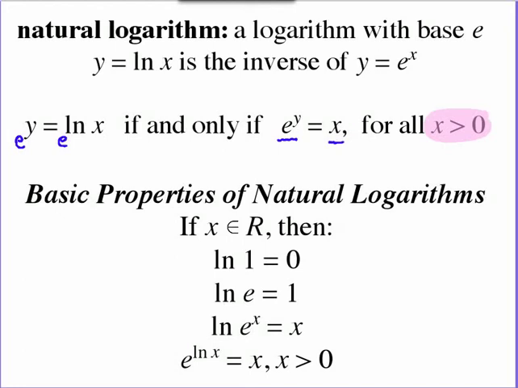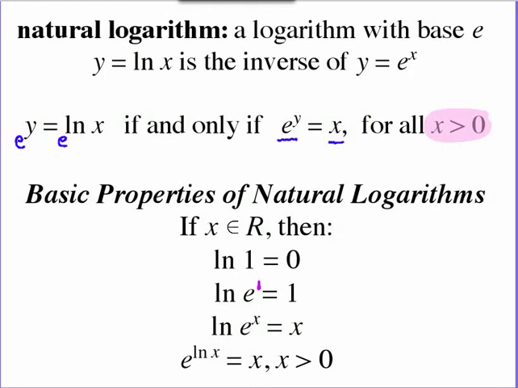So we have some basic properties of natural logarithms. First of all, if x is an element of the reals, so basically if x is any real number, then natural log of 1 is 0. We talked about that with logarithms. That was true as well. Natural log of e is 1. The reason for that is that e is to the power of 1, and we know that natural log and e cancel each other out, so I'm left with 1 equals 1. Same thing down here.